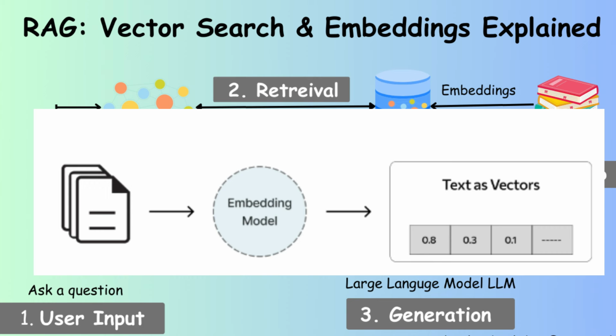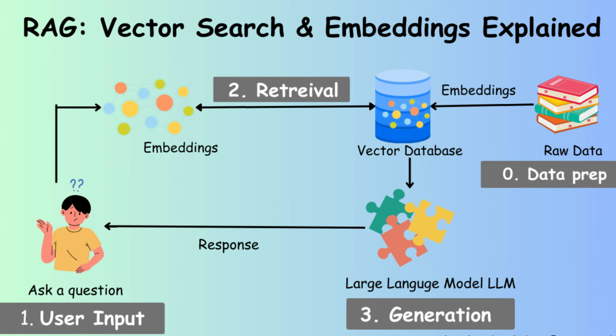Now after embedding conversion, your entire vector DB has all your policy documents in the form of embedding and chunk pairs, right?